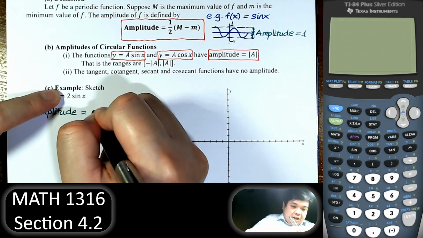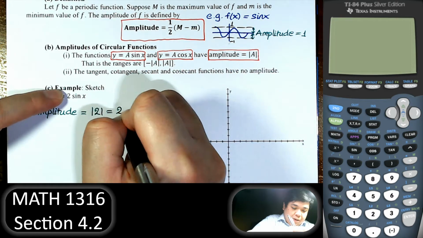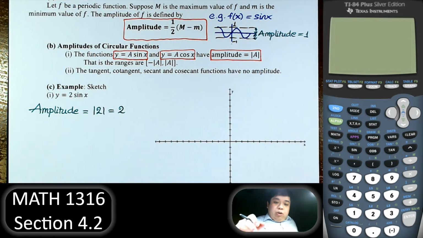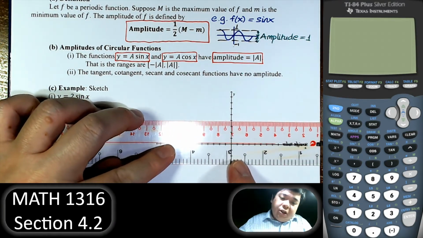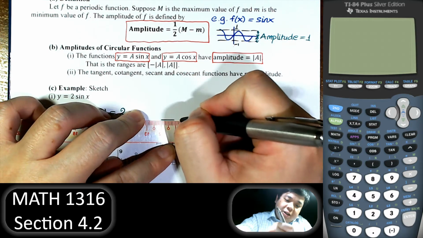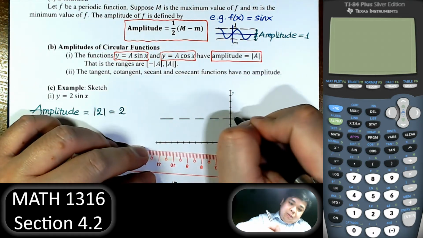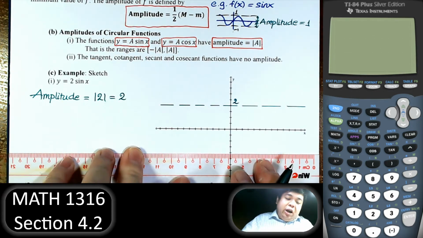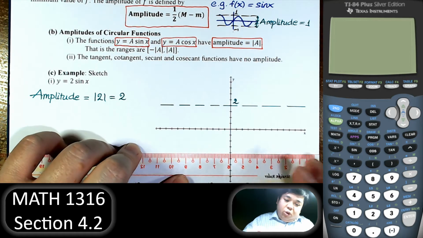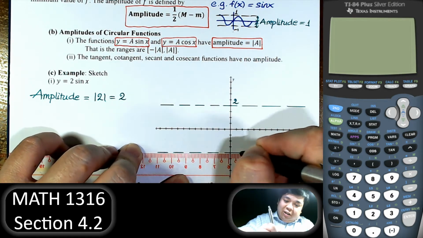Take the absolute value of that. So that's the first thing we do. We know the function is bounded by 2 and negative 2. So just draw 2 and negative 2. Once we know the amplitude, we go directly to that.